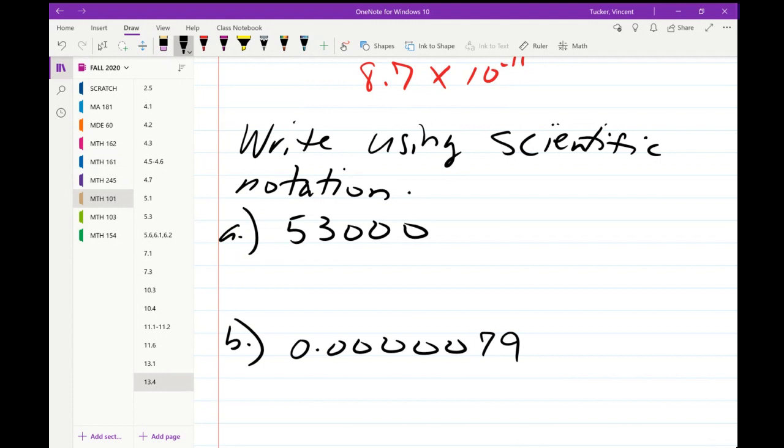If I have 53,000 and I want to write it in scientific notation, I need to move my decimal and put it in a place where the number in front of my multiplication sign is between 1 and 10.